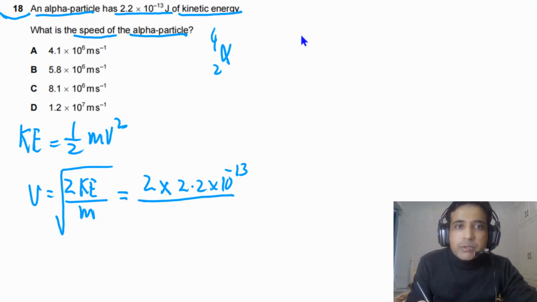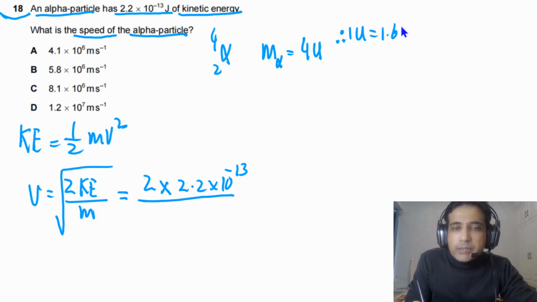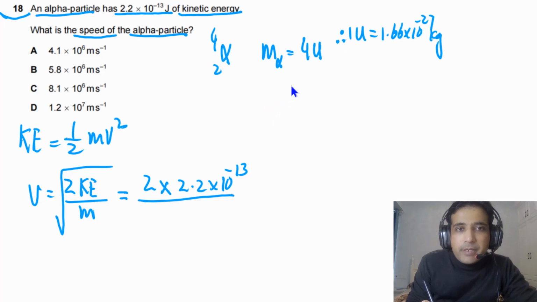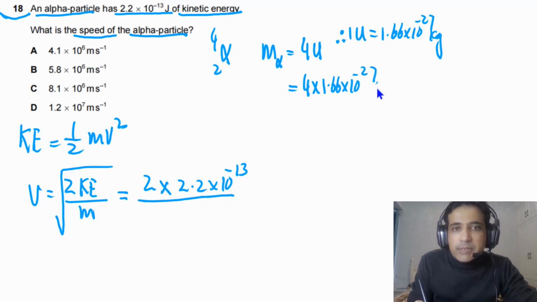So the mass of the alpha particle is equal to 4u, and 1u is equal to 1.66 times 10 to the minus 27 kg, and you can find the value of the atomic mass unit in the data booklet. So the mass of the alpha particle is equal to 4 times 1.66 times 10 to the minus 27 kg, and we need to replace m with this.